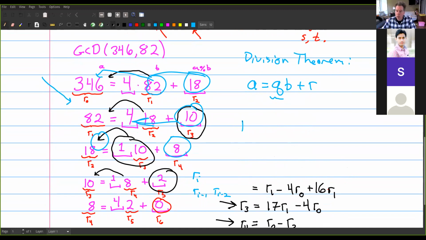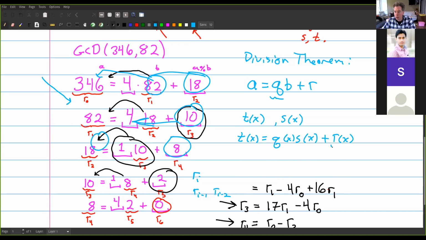If you pick any two polynomials, let's call them t of x and s of x, with integer coefficients, there's going to be some way to write t of x equal to q of x times s of x plus r of x.